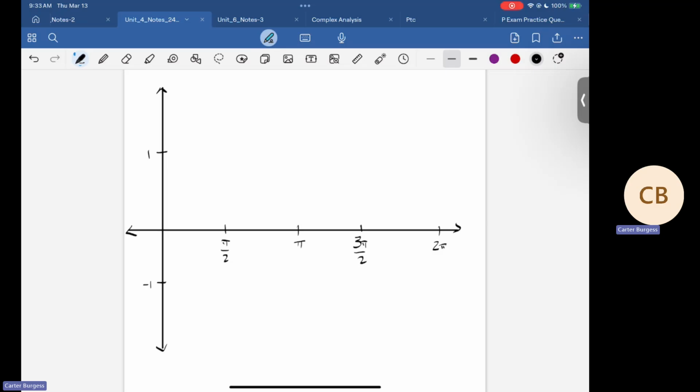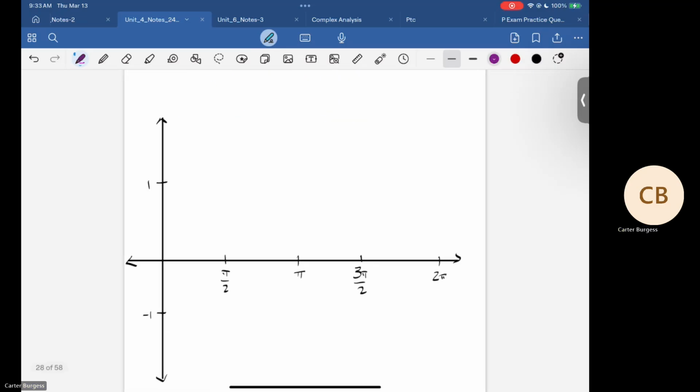So 1, -1. It was mid, max, mid, min, mid. Something like this. That's pretty good.